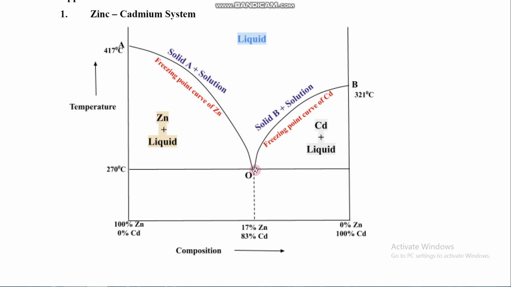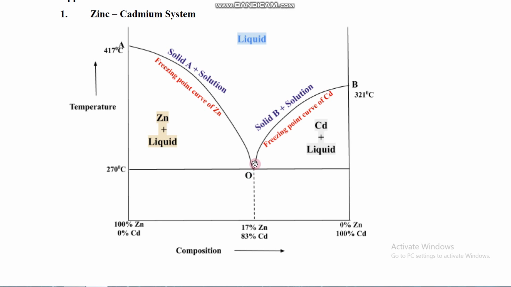At this point O, when you apply the reduced phase rule, we will get invariant, because the components are two, cadmium and zinc, but phases are 3: solid cadmium, solid zinc, and the solution of zinc and cadmium both. So this is an equilibrium between zinc, cadmium, and solution of zinc and cadmium.